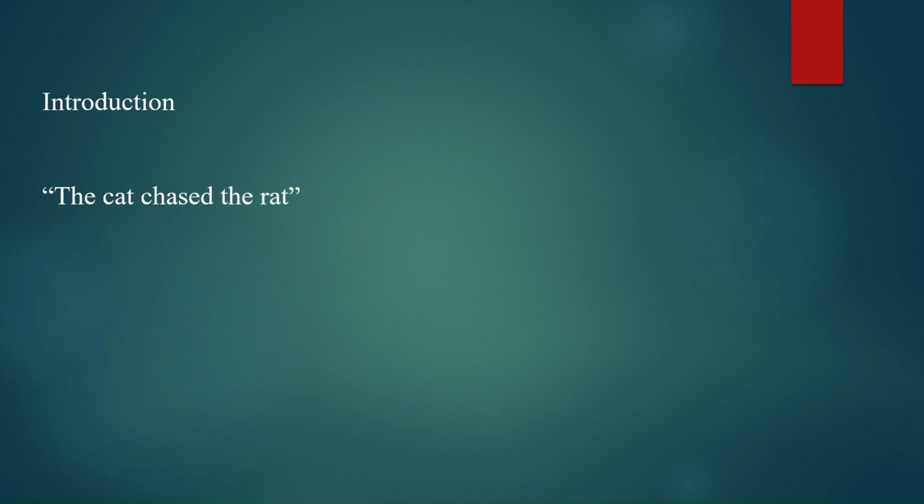If you look at that sentence, we'll see that there are two nouns in that sentence, cat and rat. In this sentence we must ask ourselves, who is the doer of the action? You will see that it is the cat that is doing the action of chasing the rat, and the rat receives the action of being chased.